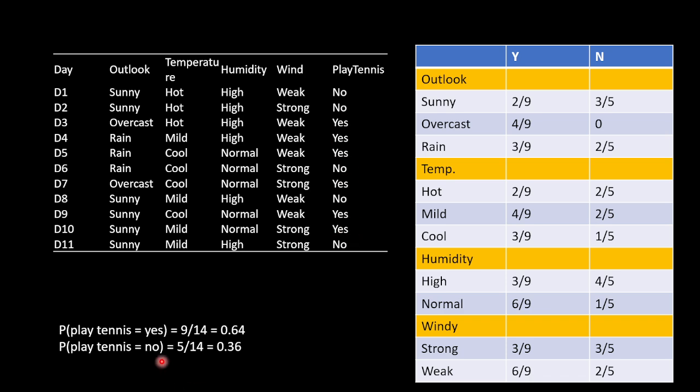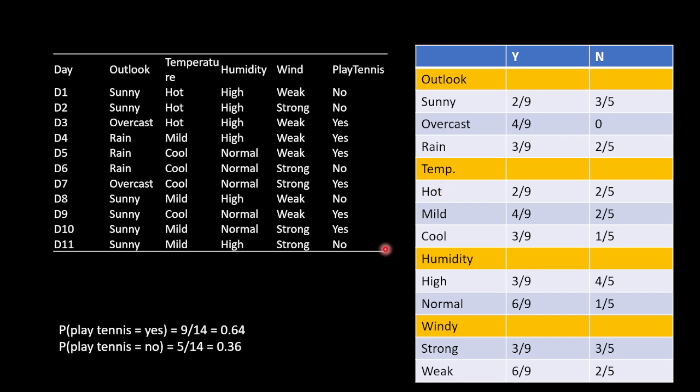In this table you have 9 yes and 5 no, so 5 out of 14 and 9 out of 14. Here it would be 6 by 11 and 5 by 11, but rather than 6 we have to go for 9. If the table is altered, it will give you the exact value.